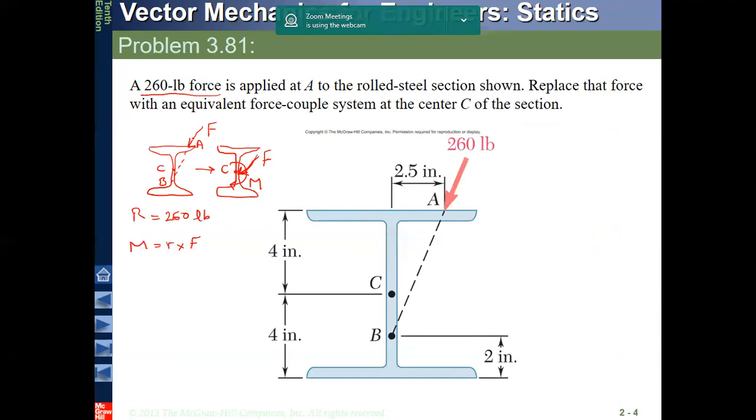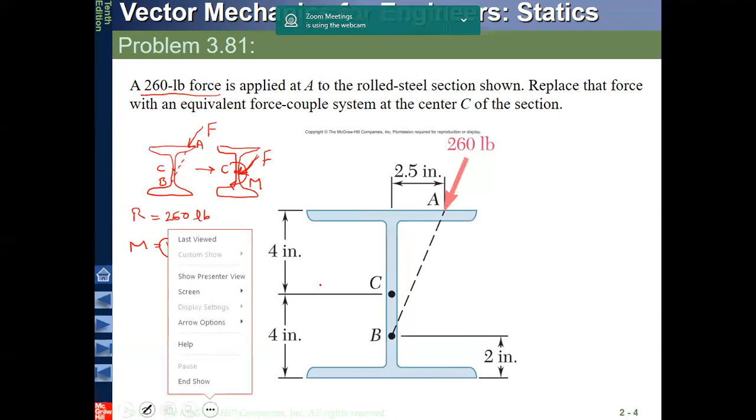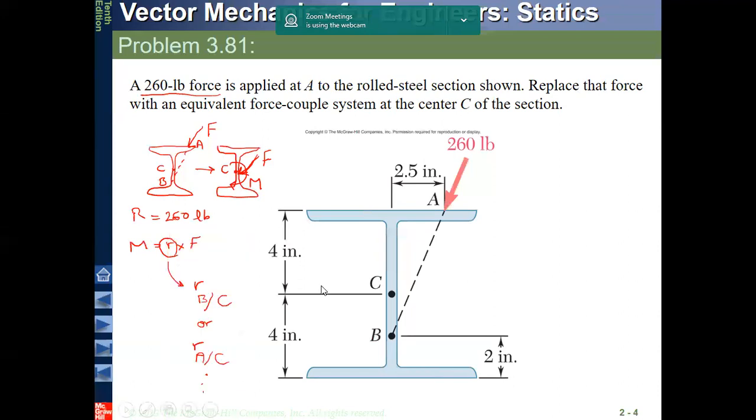If you have a force, the R would point from C. So this R is actually from C to any point on the line of action. For example, it could be B, or it could be A, or any other point on the line of action. Clear?